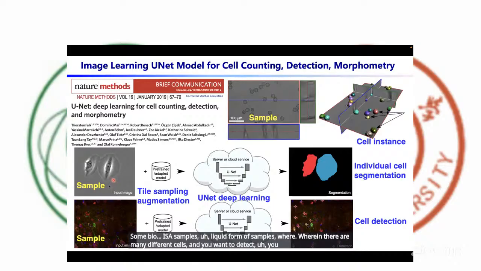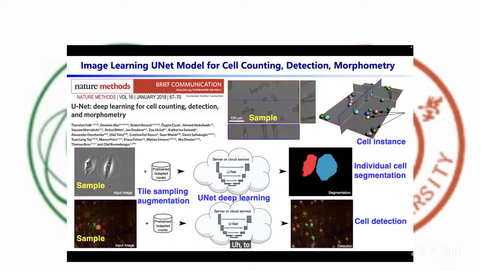You can use electron microscopy, this kind of electron imaging device, but still you need to first determine the type and count how many of them are in the samples. So this is a typical image object recognition problem.